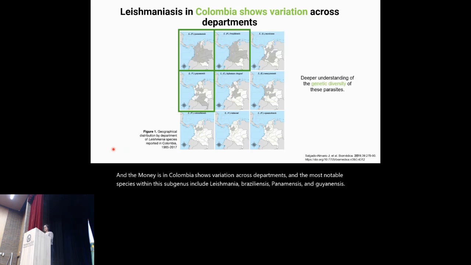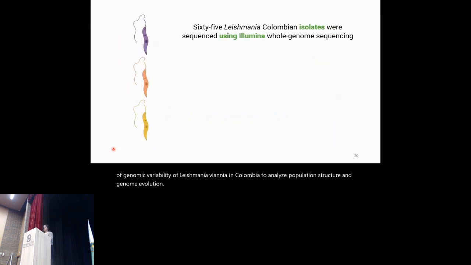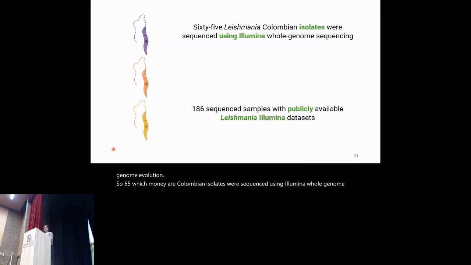For a deeper understanding of the genetic diversity of this parasite, we built a database of genomic variability of Leishmania Viannia in Colombia to analyze population structure and genome evolution. 65 Leishmania Colombian isolates were sequenced using Illumina whole genome sequencing, and we had 186 samples with publicly available Leishmania Illumina datasets.